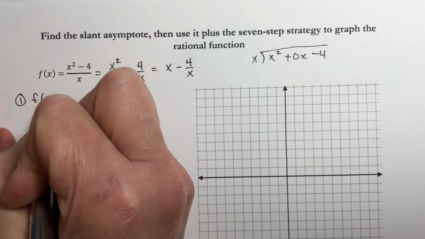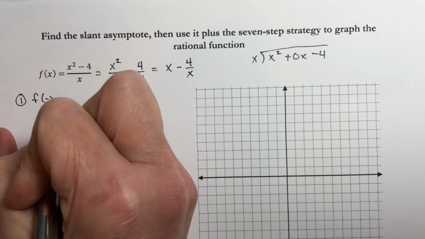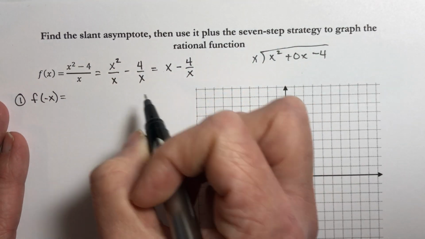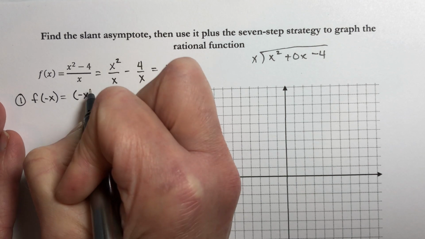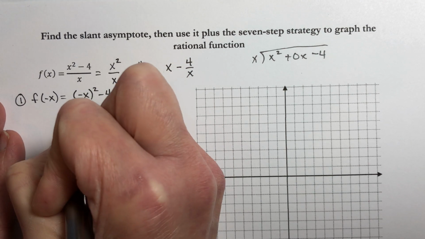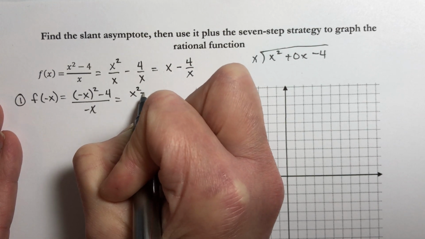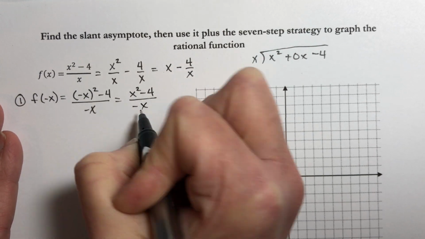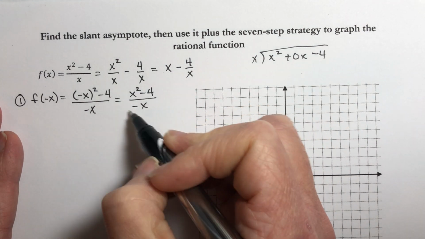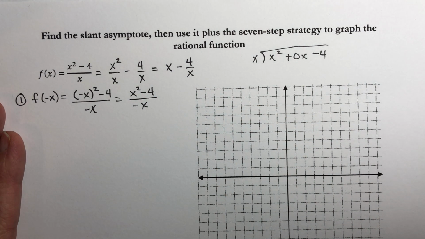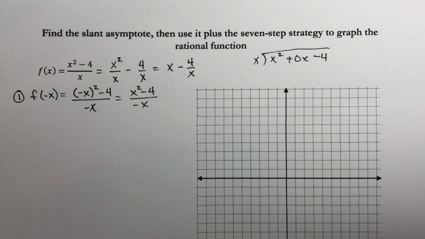Let's find f, so I'm going to use our original. I'm going to find f of negative x, and that will give me negative x squared minus 4 over negative x, which is x squared minus 4 over negative x. Now this is not exactly the same as this, so it's not an even function, it doesn't have y-axis symmetry.